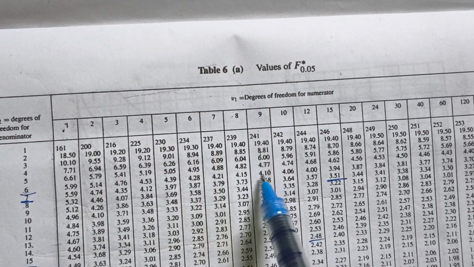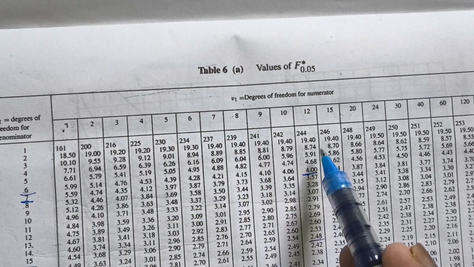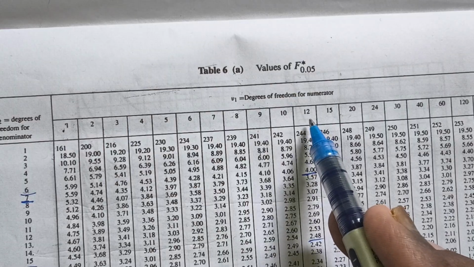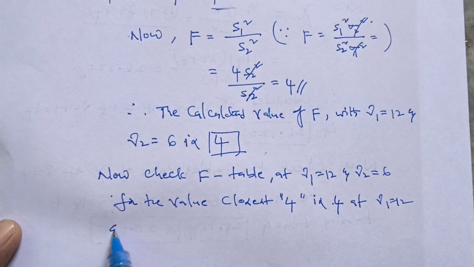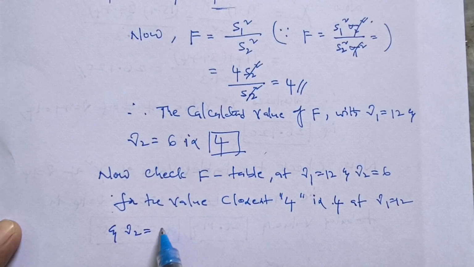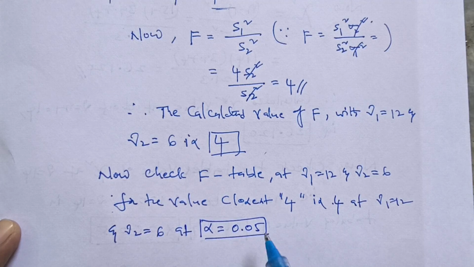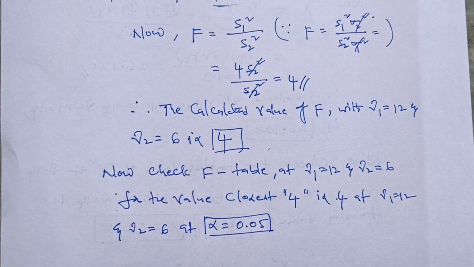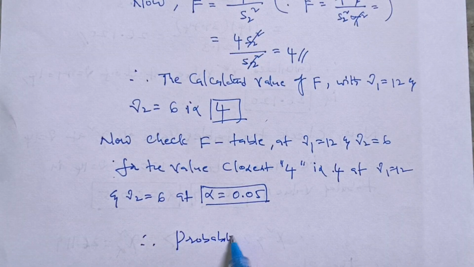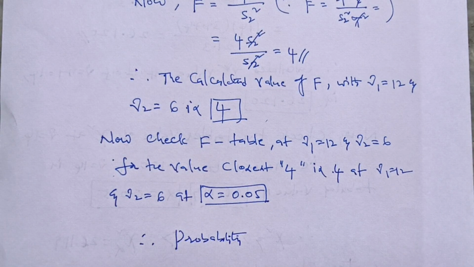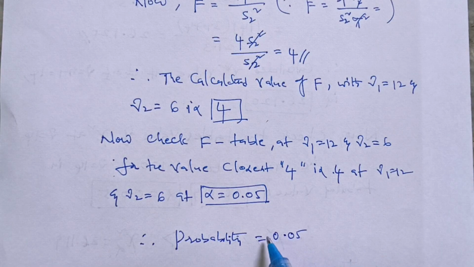In the nu2 row, the corresponding nu1 column is 12. So the intersection value is 4 point something. That is the F tabulated value under the probability 0.05. So this is the probability of our problem, that is 0.05.